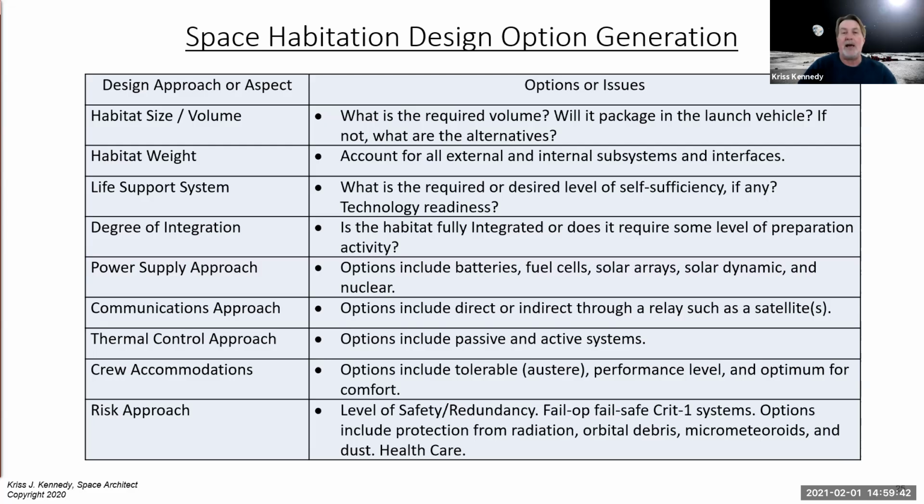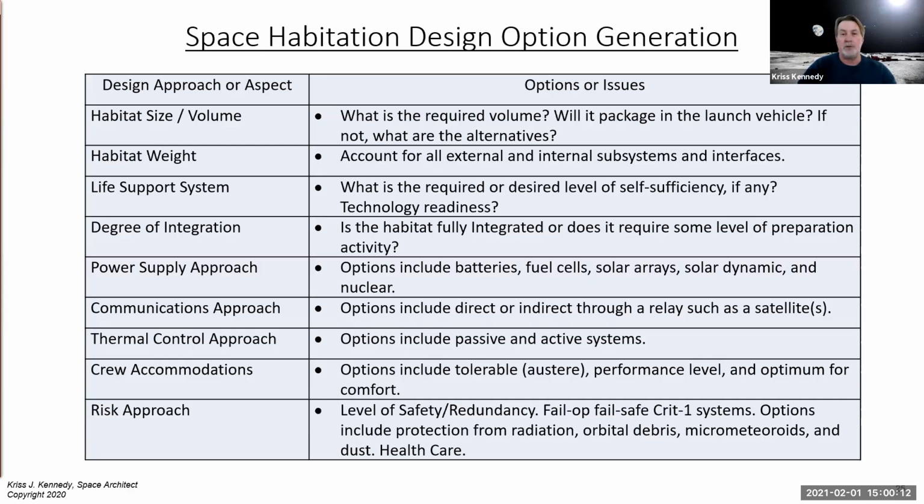The habitat mass: account for all external and internal subsystems and interfaces, and do a bottoms-up assessment of all the masses. The life support system: what is the required or desired level of self-sufficiency, if any? The technology readiness: are those items ready to be brought online? The degree of integration: is the habitat fully integrated, or does it require some level of preparation or assembly and integration?